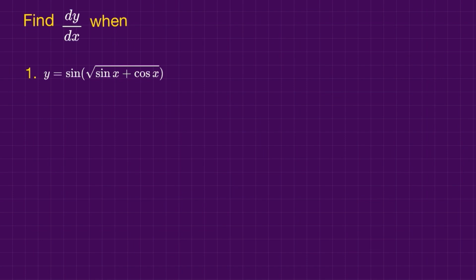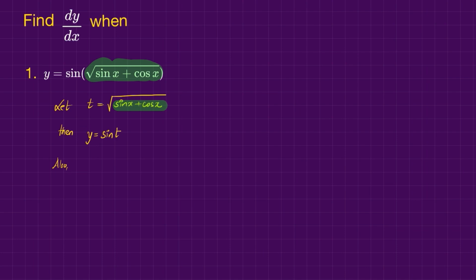So let us start. Let t equal root over sine x plus cos x. I'm assuming this portion to be t. Okay, then y equals sine of t. Also, let us assume this portion, the sine x plus cos x, as u.